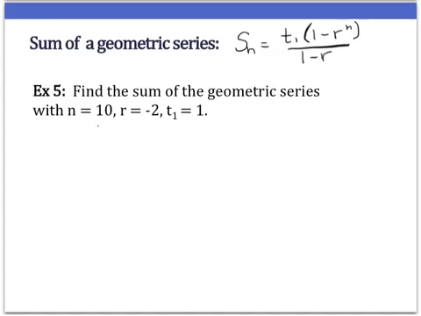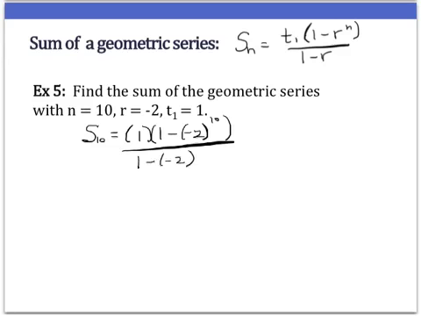So we have sum of the first 10 terms, 1, and then 1 minus, and our ratio is negative, so it needs to go in parentheses, raised to the 10th, over 1 minus -2. So we're going to simplify this. We have a 1 minus, you're raising a negative 2 to the 10th power.